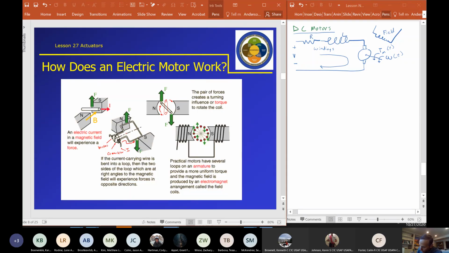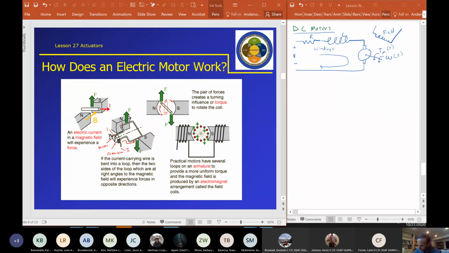As this winding rotates, this slit is rotating also, and when that coil is oriented vertically, now the commutator on the left will be in contact with the closer brush. In doing so, the current will reverse direction. I hope that explanation made sense to you.